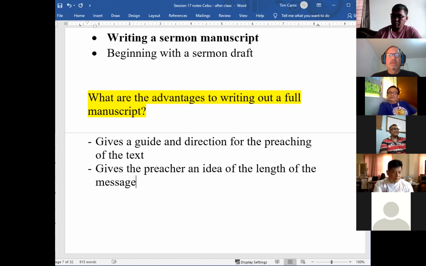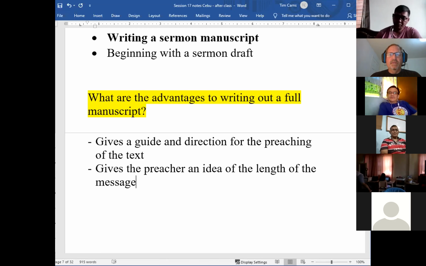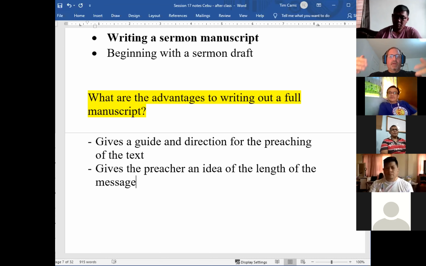So actually writing out the full manuscript has been a really helpful guide for me to give me an idea about how much time this sermon is going to be. Now, what's interesting, when I first started doing a full manuscript, about 7,500 words or so was a 55-minute sermon for me. But over time, I've done more extemporaneous preaching.